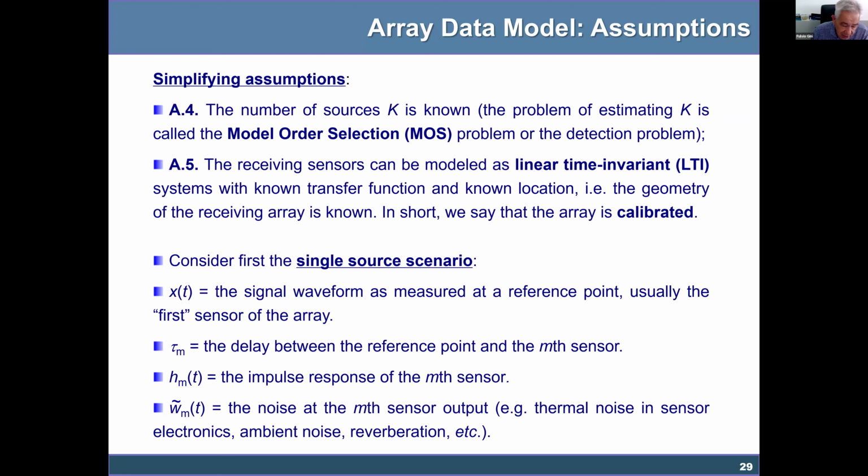Then the same signal is received at the m-th sensor with a delay that we call tau m. So tau m is the delay between the time the signal is received at the first sensor to the time it is received at the m-th sensor.